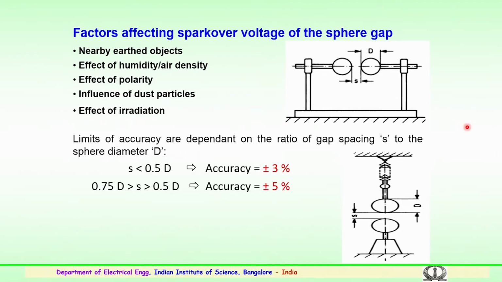So, the limits of accuracy of the measurement in the sphere gap arrangement. The values which you get, either in a horizontal or a vertical type of arrangement, normally depend on the ratio of the gap spacing S between the sphere gap assembly to the diameter of the sphere.